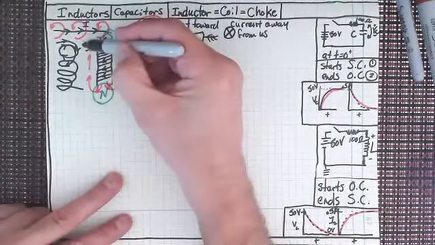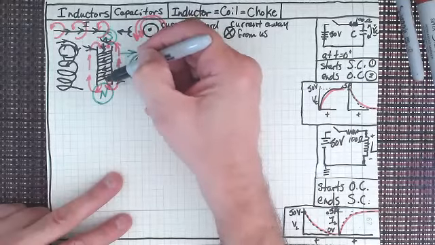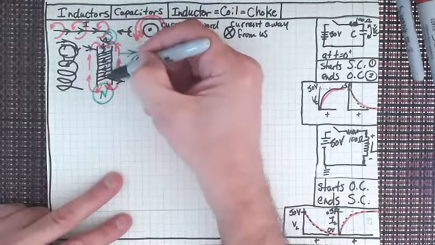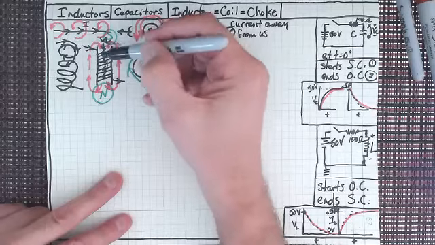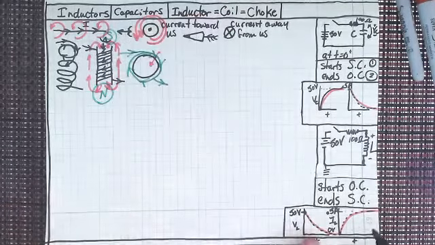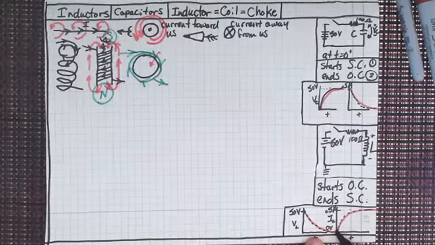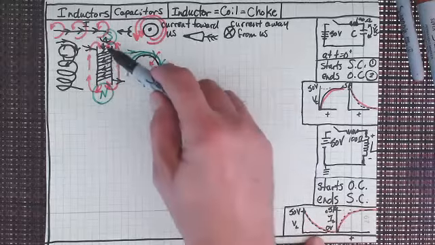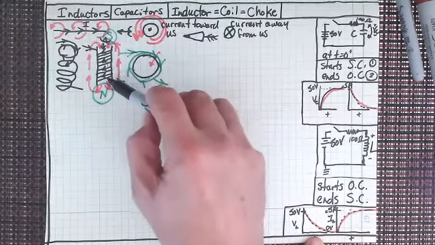Because when current first starts flowing into the inductor, the inductor chokes back the current. Isn't that what happens here? Isn't the inductor choking back the current? Because what is that current trying to do? The current is trying to create this huge magnetic field, right?